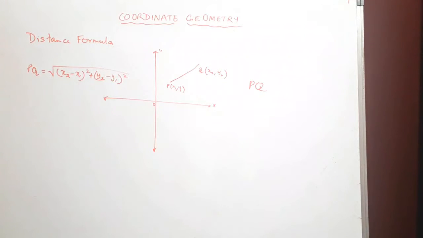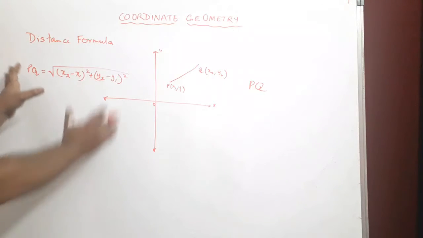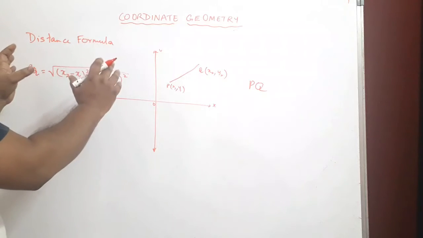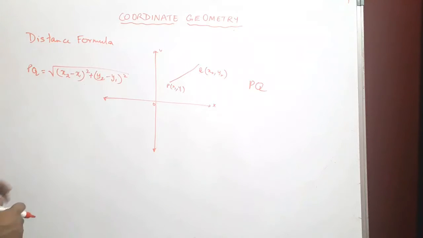Have a look at the distance formula. PQ equals square root of x2 minus x1 whole square plus y2 minus y1 whole square. As a matter of fact, this formula is nothing but a derivation of the Pythagoras formula.